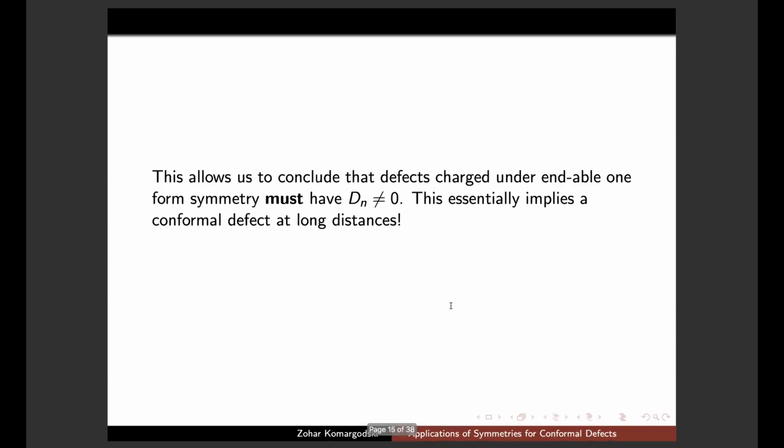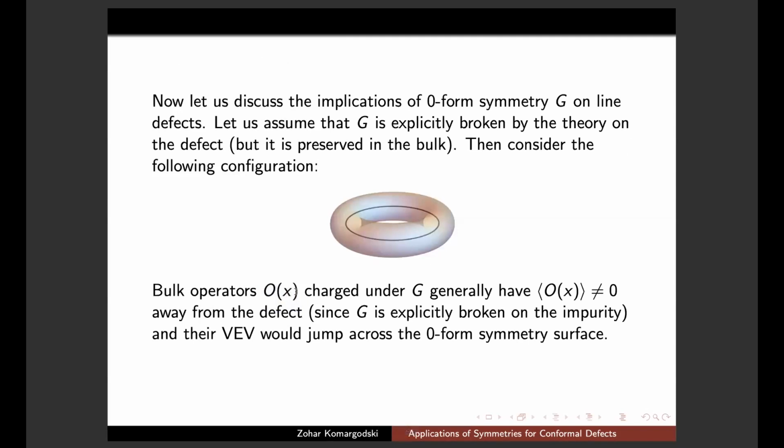But now we see that given this construction, the one-point function will have to jump because local operators, when they cross a zero-form symmetry surface, their expectation value changes according to the action of the zero-form symmetry. So we see that the VEV would jump across the zero-form symmetry surface.